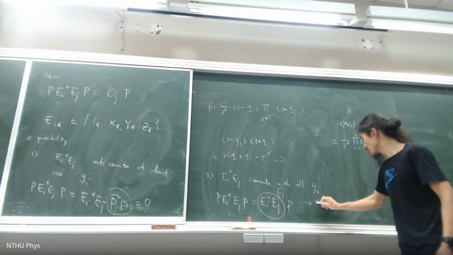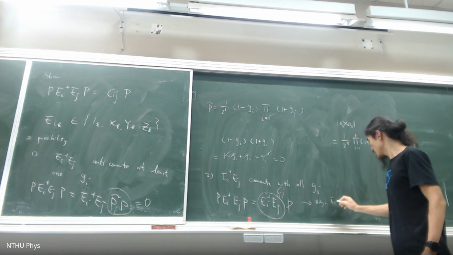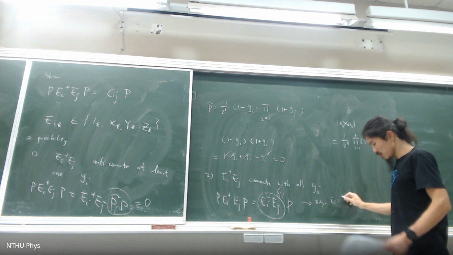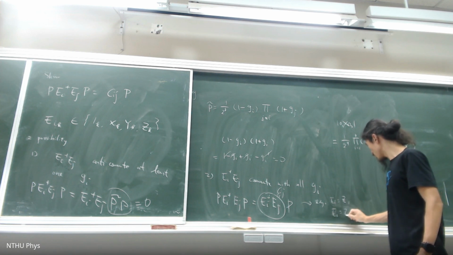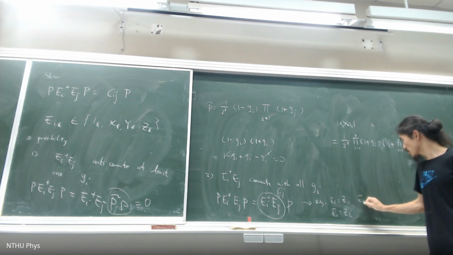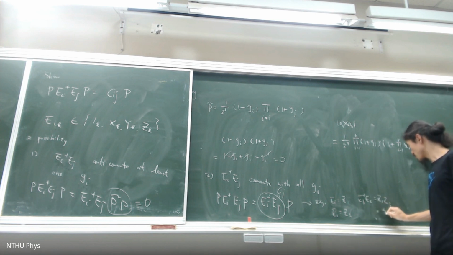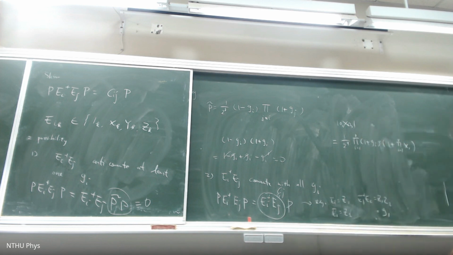For example, if E_1 is Pauli matrix X_1 and E_2 is Pauli matrix X_2, then basically E_1 dagger E_2 will be one of the stabilizers G_1. And G_1 again gives you the +1 value.